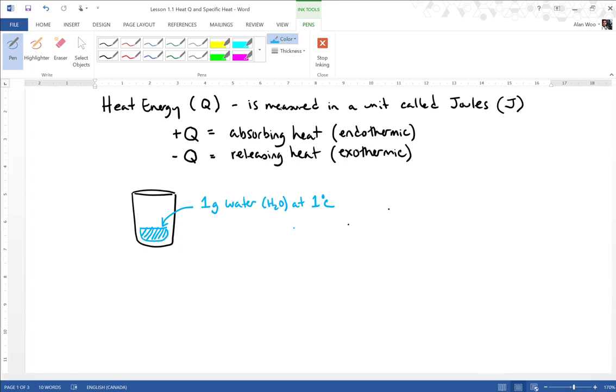If we were to add a little bit of heat to that 1 gram of water to raise the temperature to 2 degrees Celsius, how much heat energy would we have had to add?